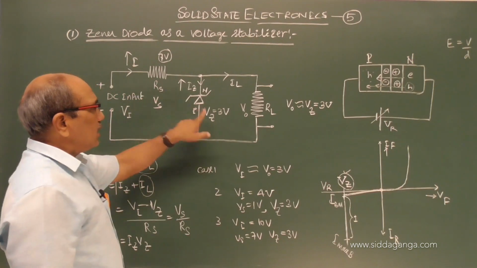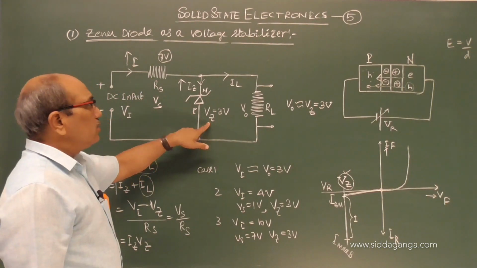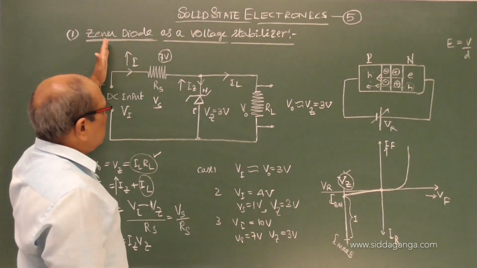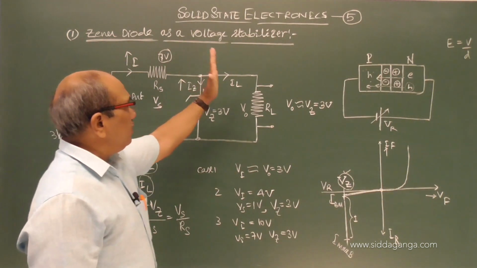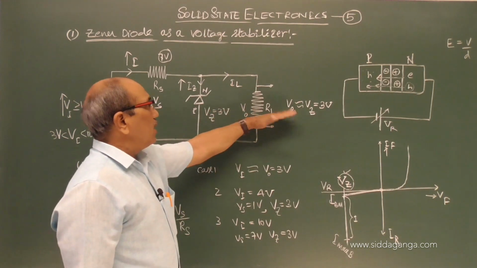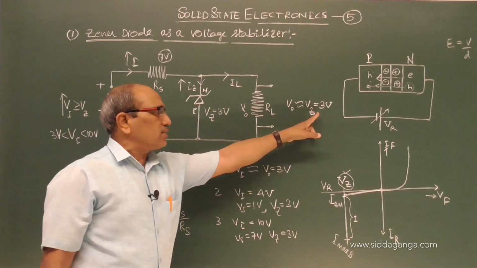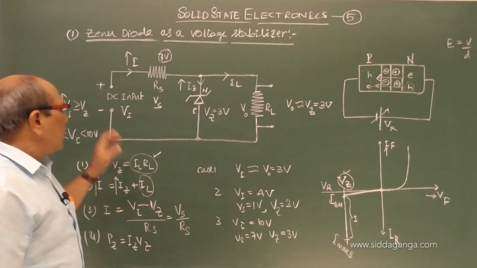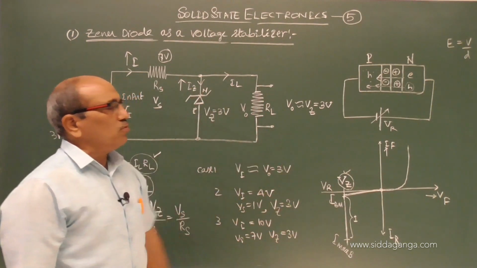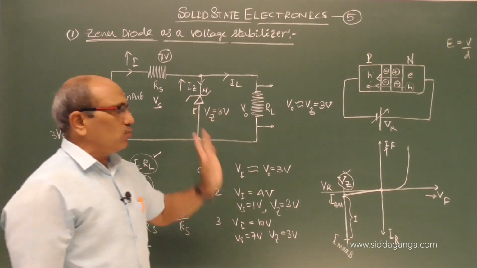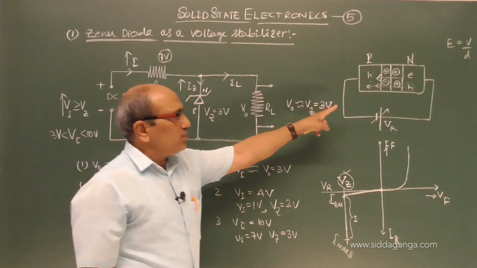When the voltage is higher than the Zener voltage, as voltage increases, current increases, but the Zener current increases, keeping the load current the same, and IL into RL remains the same. That is, the fluctuations of the input may be controlled and a constant output may be given at 3 volts. Why? What is the Zener diode?